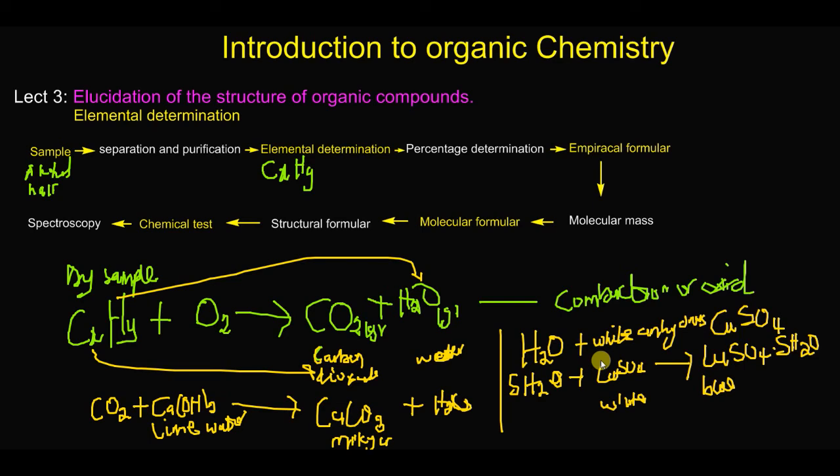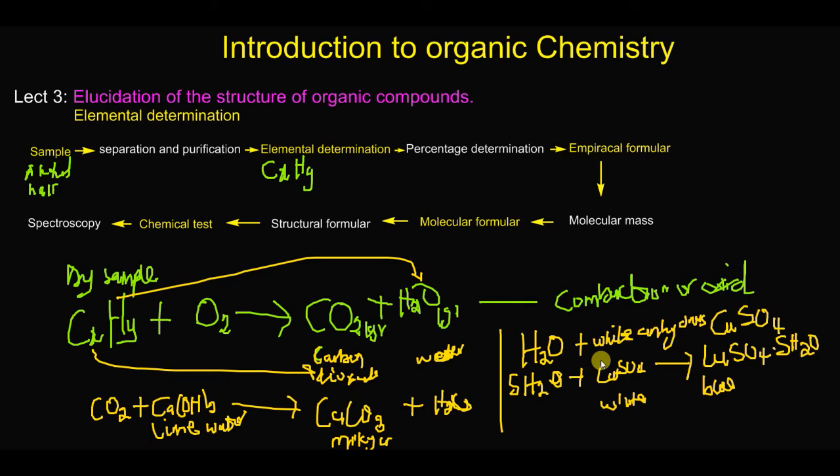In a nutshell, the pure dry organic sample is combusted or burned in excess oxygen. All carbon present is converted to carbon dioxide, hydrogen is converted to water, and the carbon dioxide is reacted with lime water.